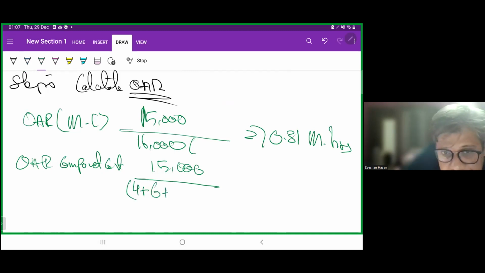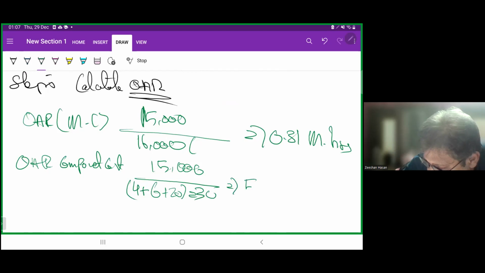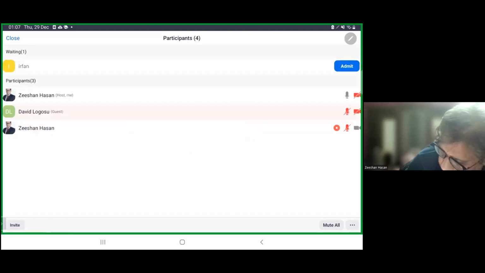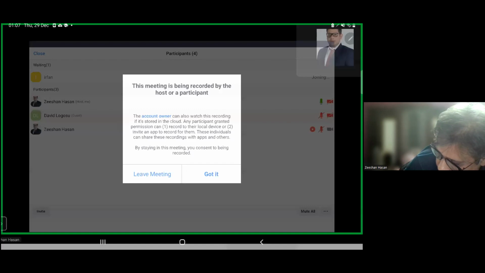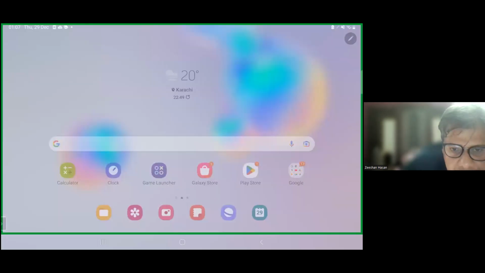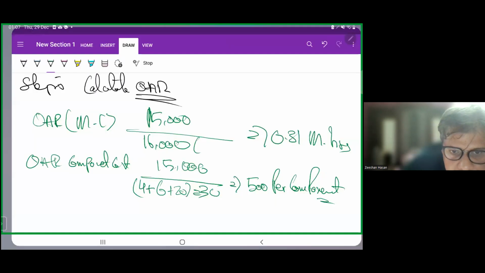We have a total of 30 components. We will get 500 per component. Clear?